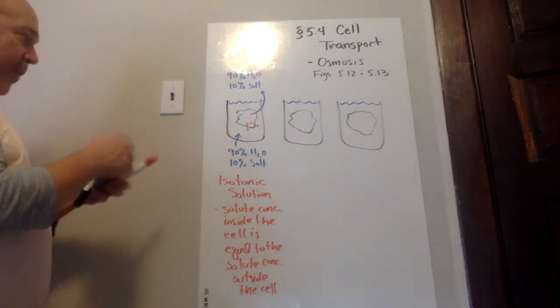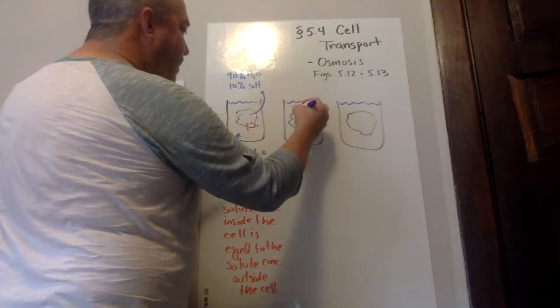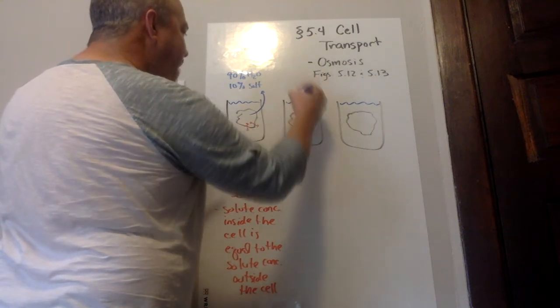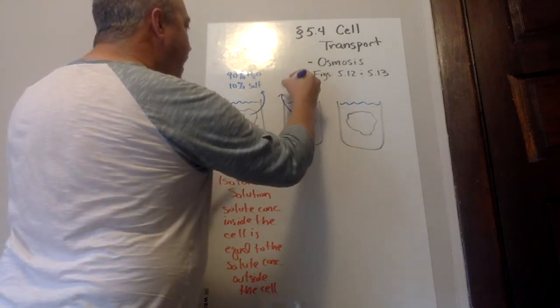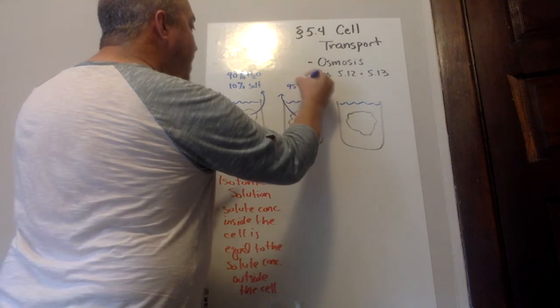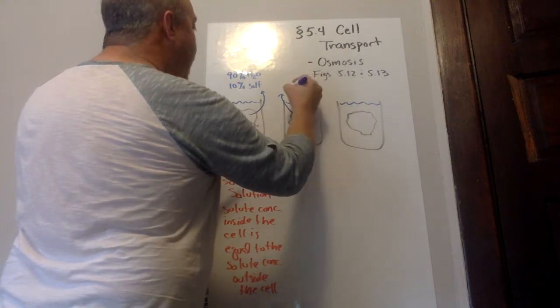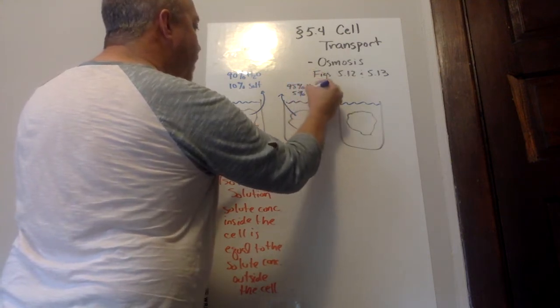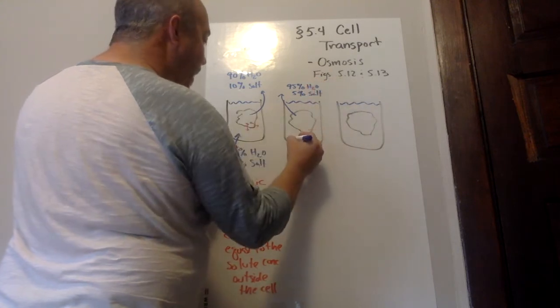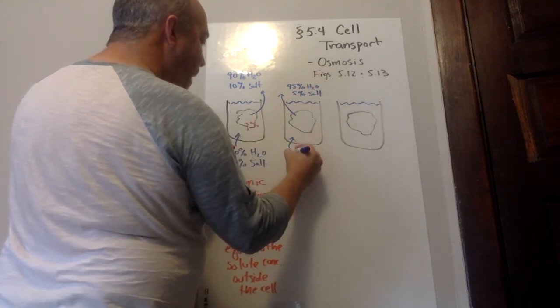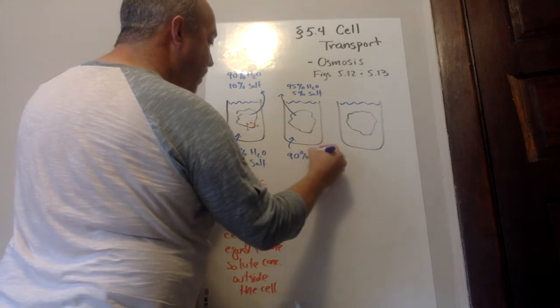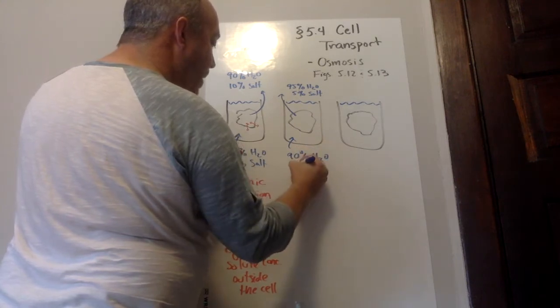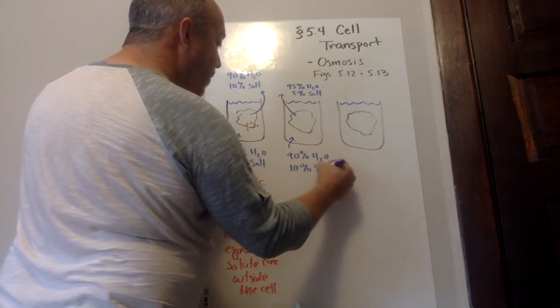Next scenario. So let's say inside the cell now, we have 95% water and 5% salt. And outside, we have 90% water and 10% salt.